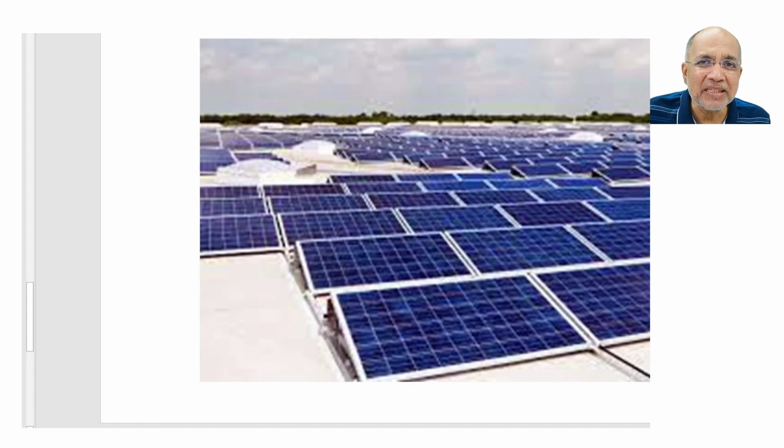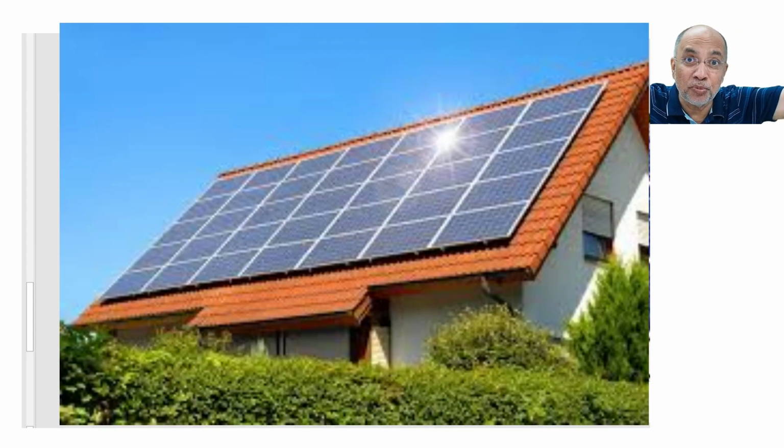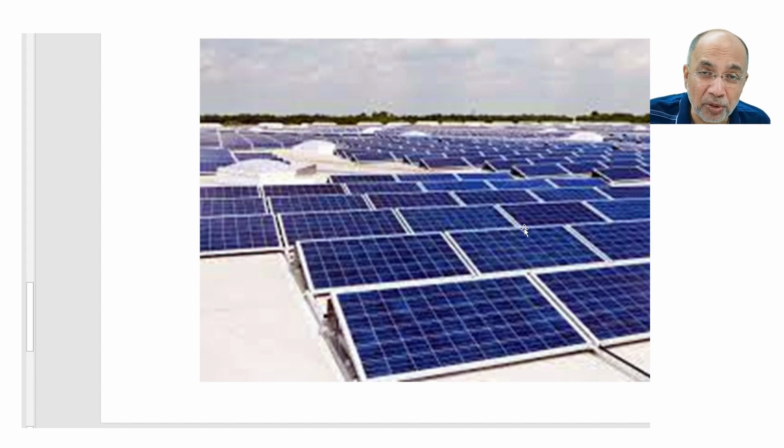You must have seen tens of thousands of solar panels at different roadsides, and also on some rooftops, which are very common in developed countries like the US, Western countries, Europe, Australia, and of course not that common in India.